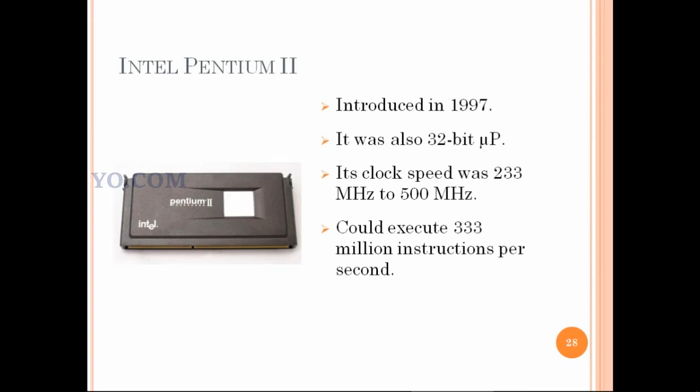And the next one is the Pentium 2 microprocessor. It was released in 1997. It is also a 32-bit microprocessor. It can execute 333 million instructions per second. The speed of the microprocessor is 233 MHz to 500 MHz.